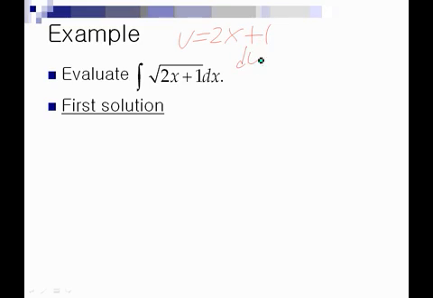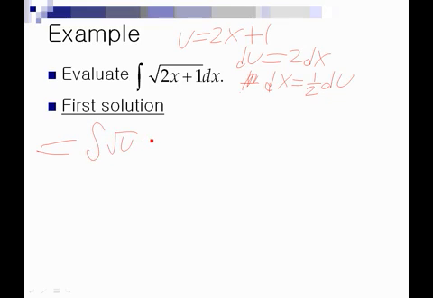So note that du will equal 2 dx. So we should solve for dx to be 1/2 du. And now the integral transforms into the square root of u times 1/2 du.